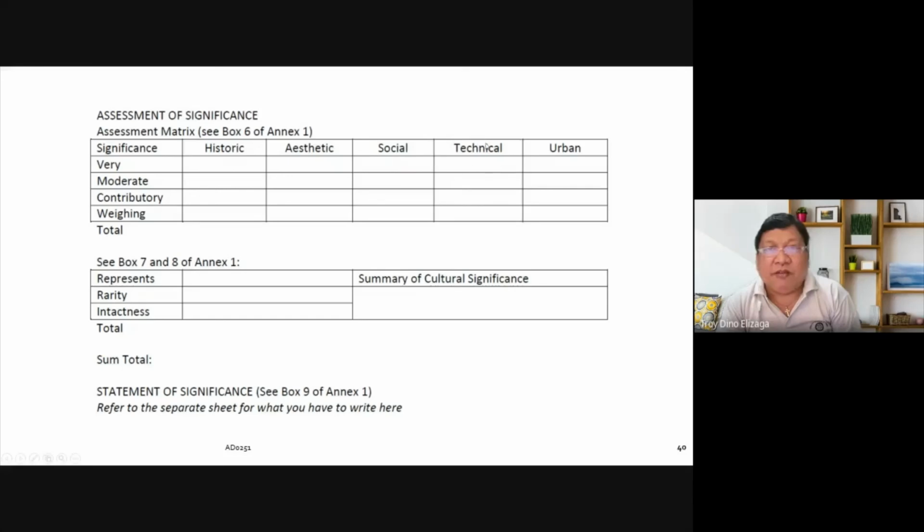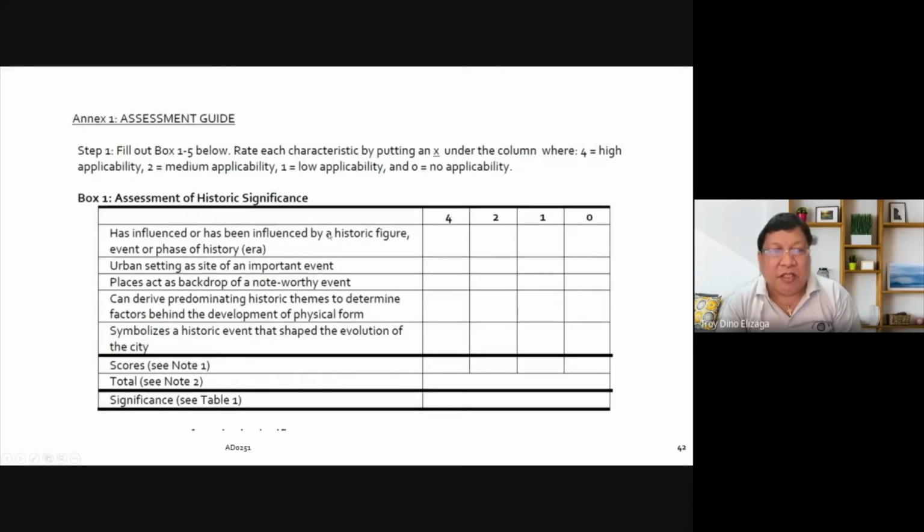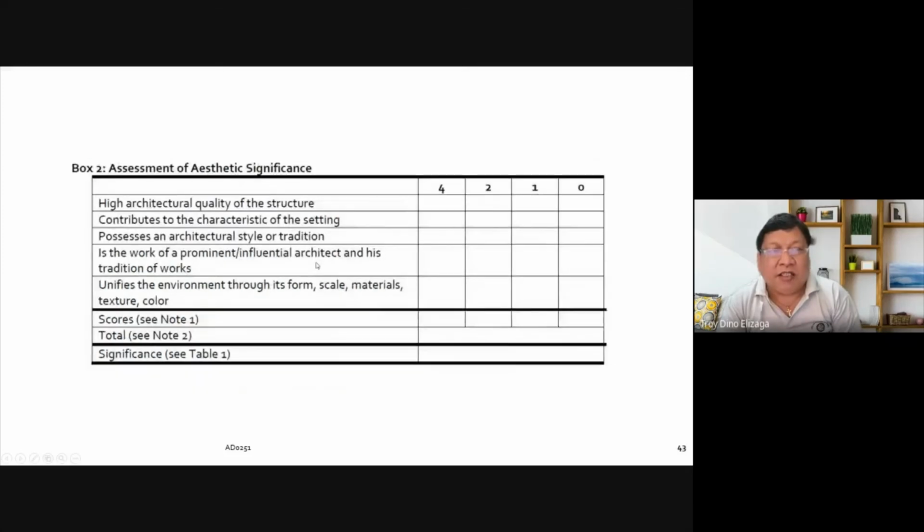The technical is more the scientific, and then there is an urban, which is related a little on social, but more of architectural. So this can be changed depending on you as an assessor. But if you change it, you have to provide the corresponding guide here, so you have an assessment of whatever significance that you are adding.